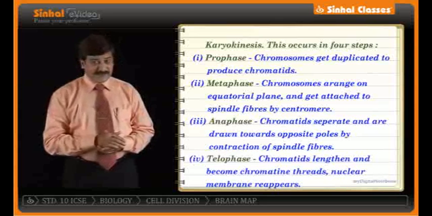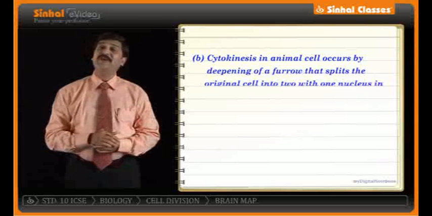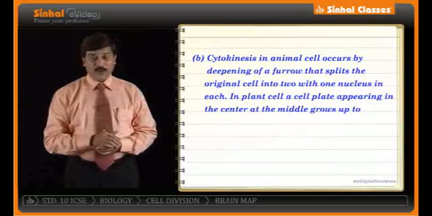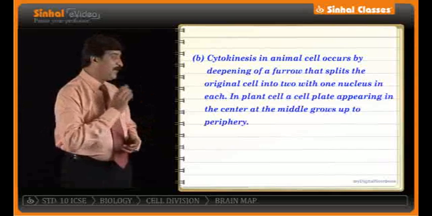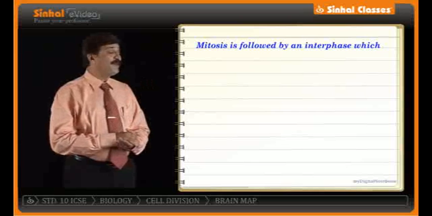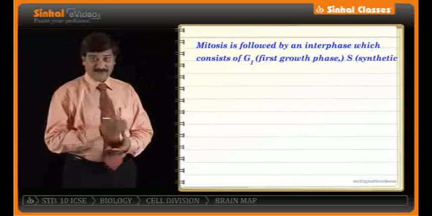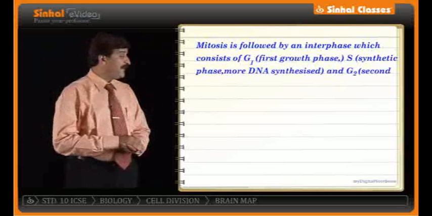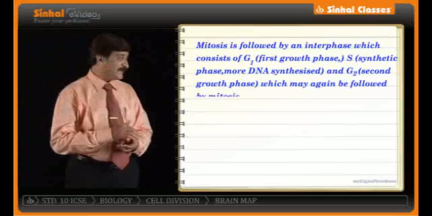In cytokinesis, the animal cell shows the formation of a furrow, while the plant cell shows the formation of a cell plate. Mitosis is followed by interphase, which consists of G1, the first growth phase, S, the synthesis phase, and G2, the second growth phase.